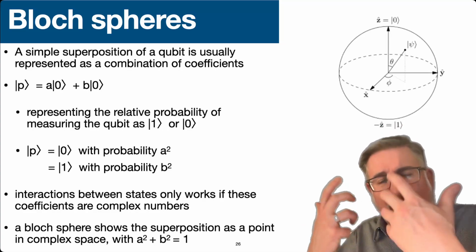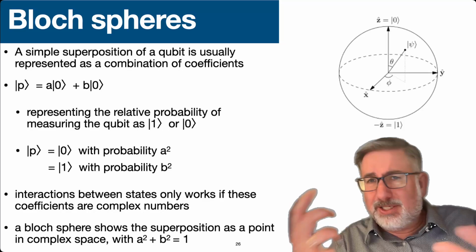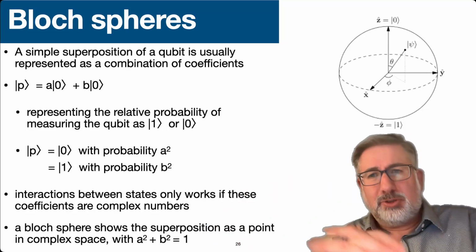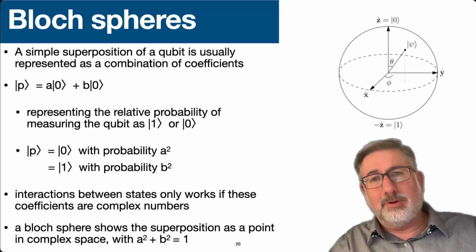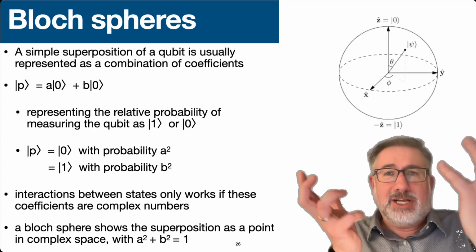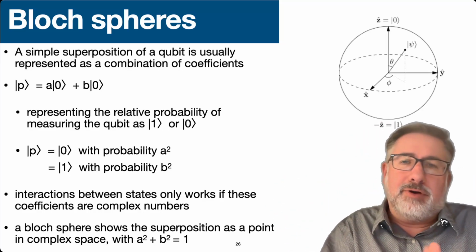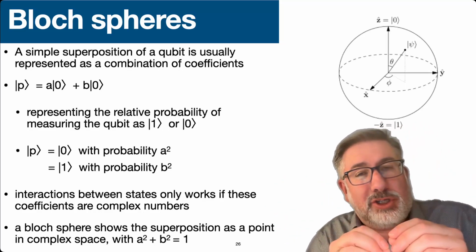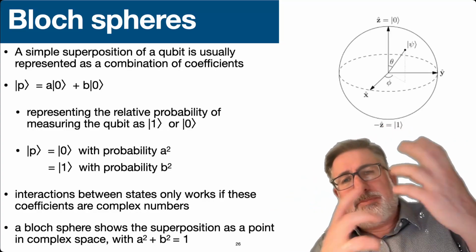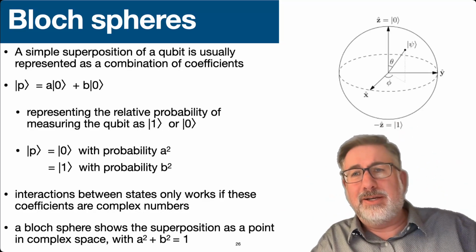If we do the math with complex numbers, we get the right answer. And that's the basic premise of how we know that it's complex numbers. The interactions between these states only work if we use complex numbers. We can represent those complex numbers in a 3-dimensional sphere that is a combination of whether the individual qubit is 0 or 1, the amount of the probabilities that it's going to collapse into any particular state.